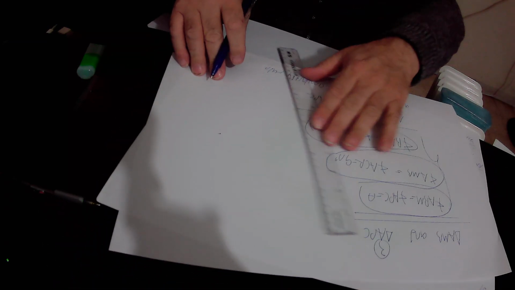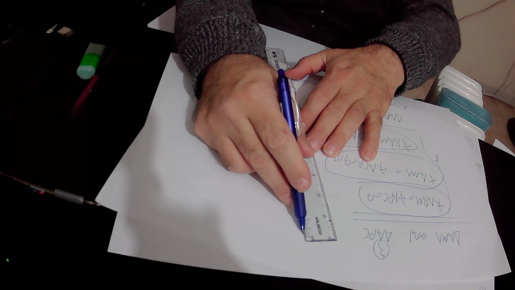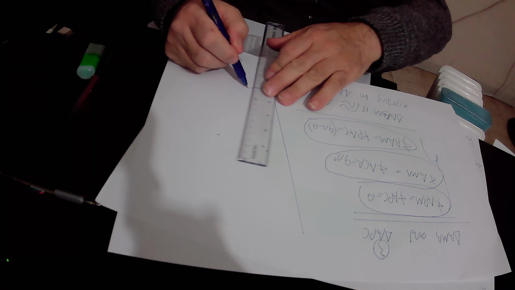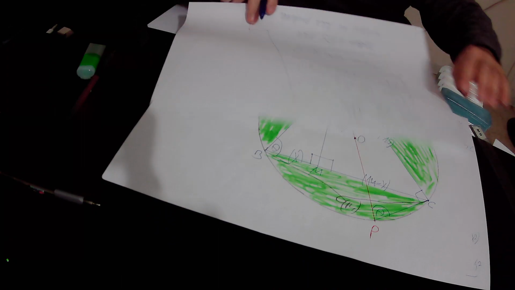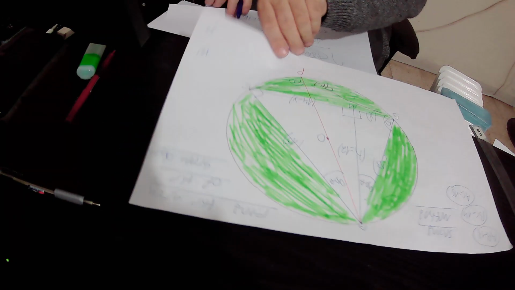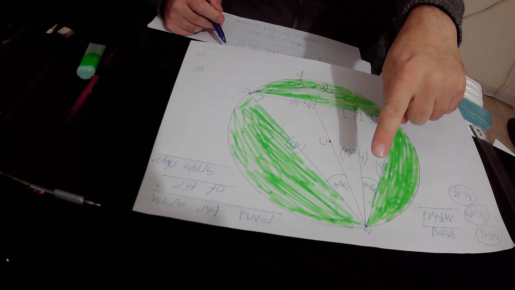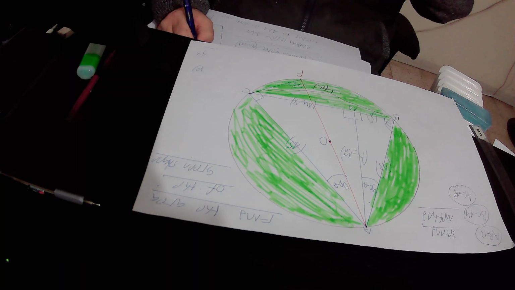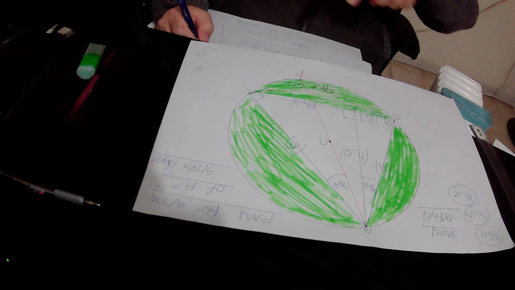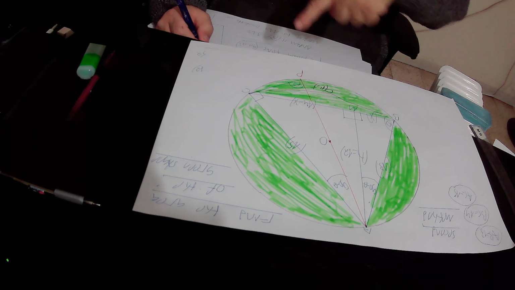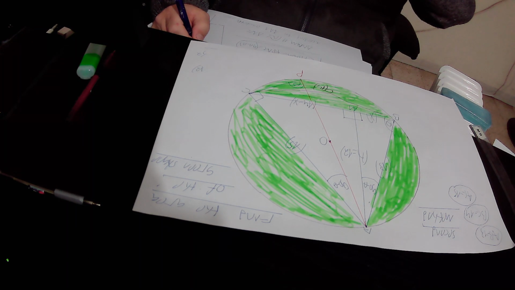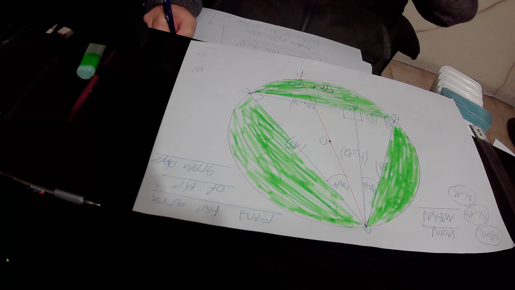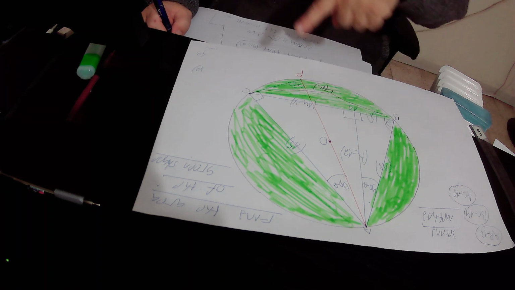And from the fact that triangle AMB is similar to triangle APC, we derive that the following relationship exists between their sides. We conclude that AM in triangle AMB over AC in triangle ACP equals AB in triangle AMB over AP in triangle APC.